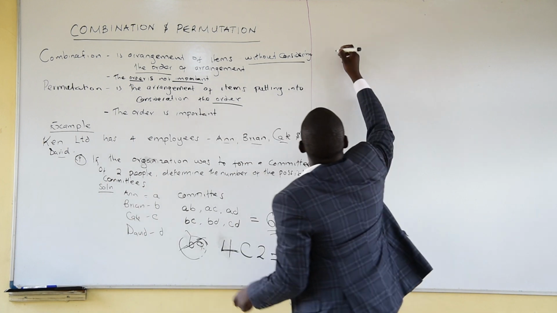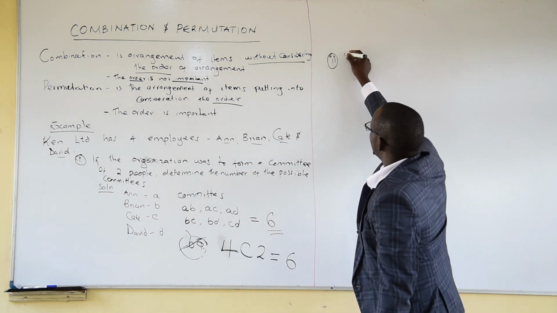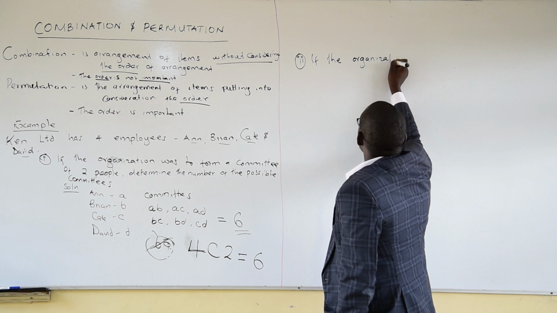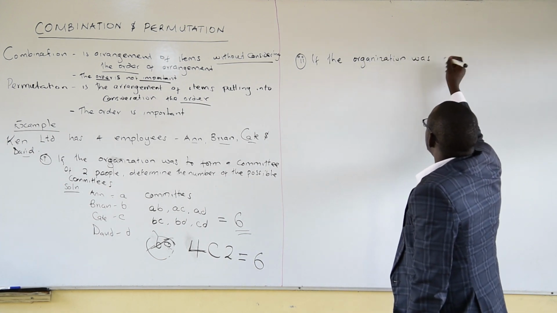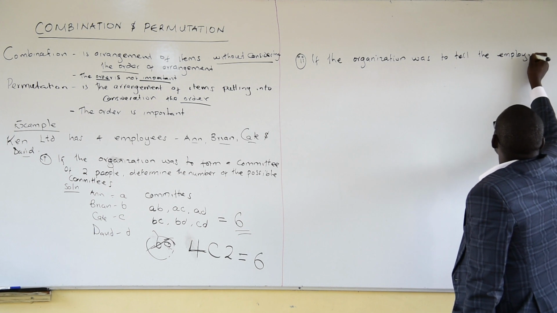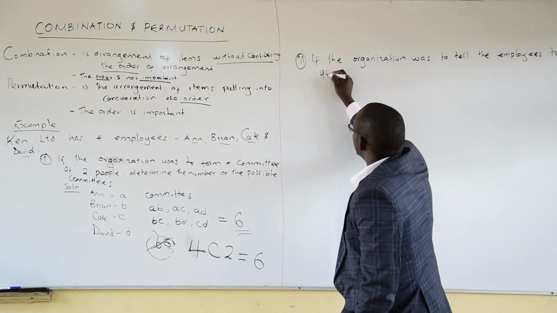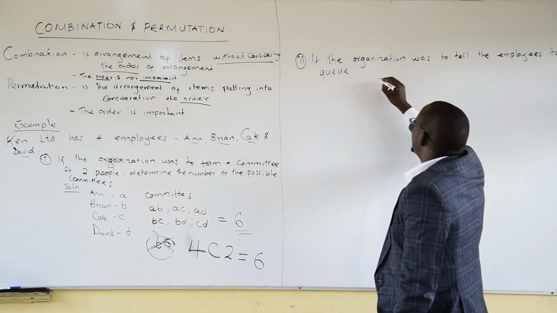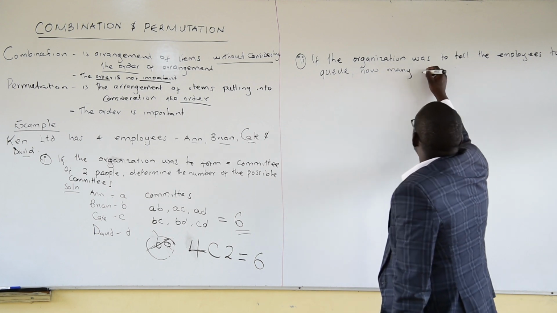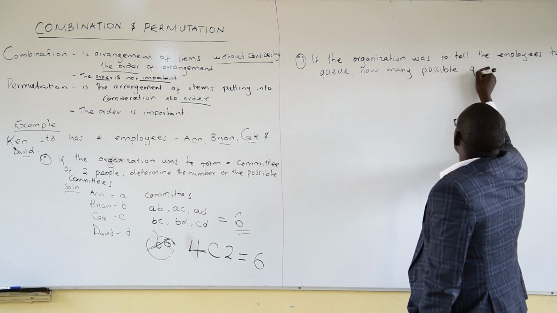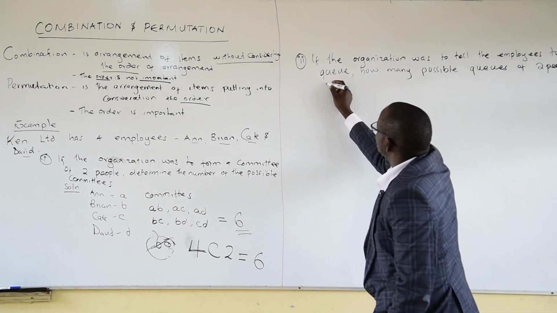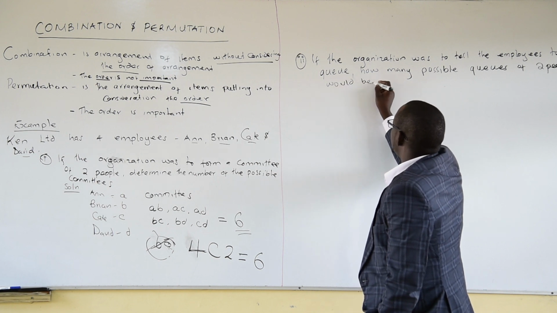Now, from here, you can also be told this. If the organization was to tell the employees to queue, how many possible queues of 2 people would be possible?